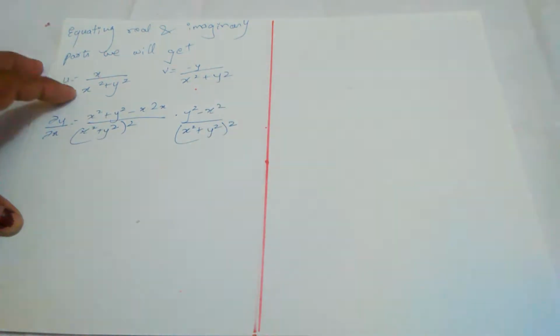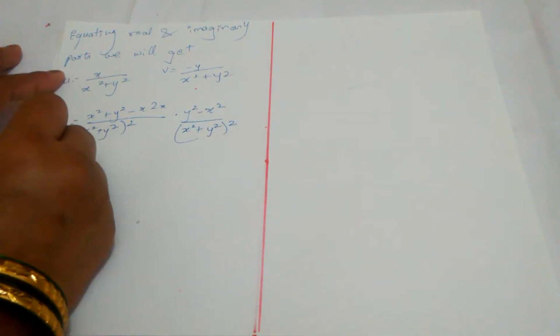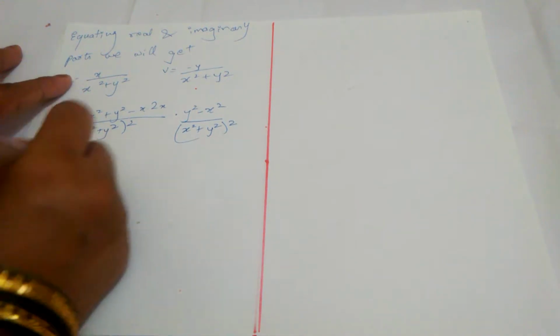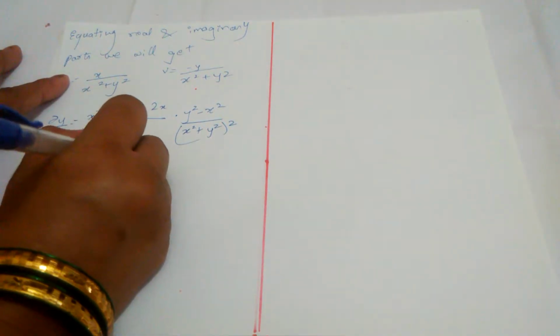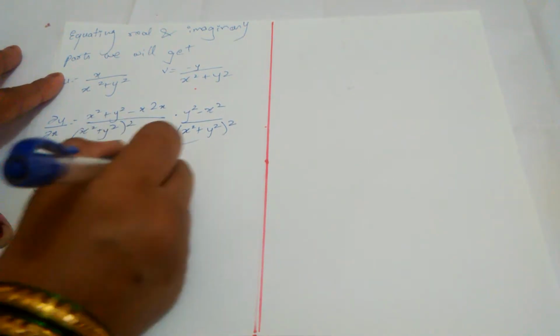Again du/dy we will be getting as minus 2xy upon (x square plus y square) the whole square.